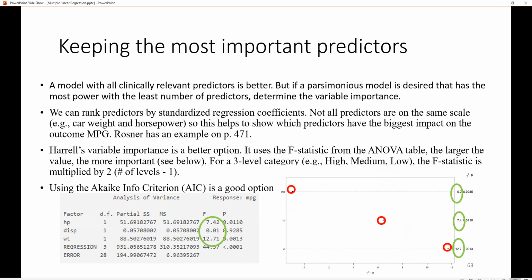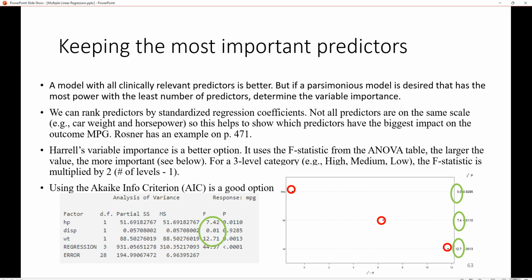And another thing with variable selection, we'd want to keep the most important predictors. A model with all clinically relevant predictors is better. But if a parsimonious model is desired that has the most power with the least number of predictors, we can determine the variable importance to give us an idea of what things we should keep. We can rank predictors by standardized regression coefficients.